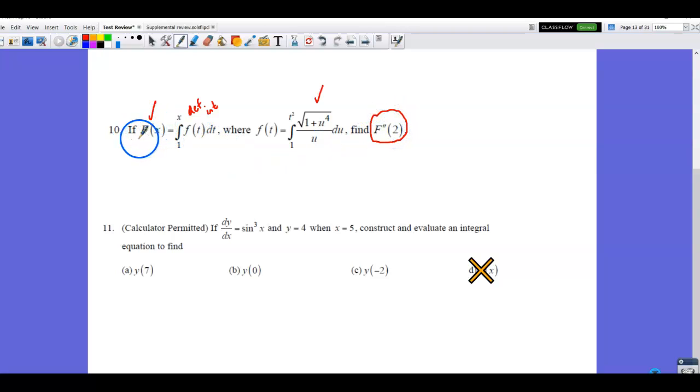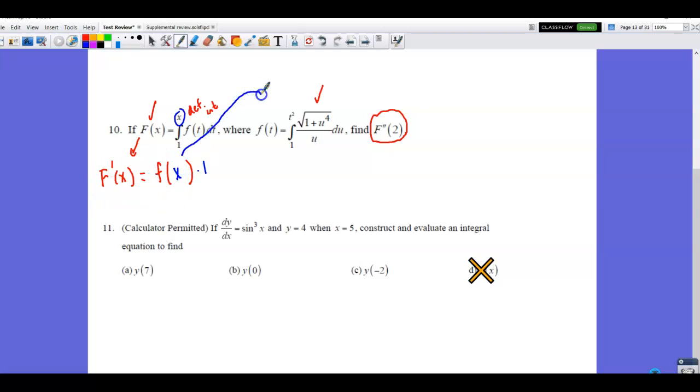So I'm going to come over here for this F prime, the first derivative of big F is equal to, this is FTC part 2 again, I'm taking the derivative of a definite integral, take out the t, so F of blank, put in the new function, which is here, x, and then the derivative of x is 1.